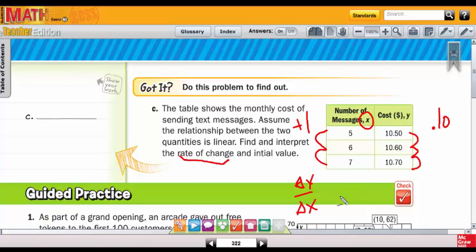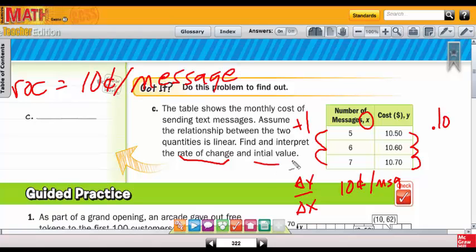So we have rate of change is 0.10, but I'm going to turn it into just 10 cents, and it's over 1, so I don't have to put that, so it's 10 cents per message. So we'll write that over here. Our rate of change equals 10 cents per message.